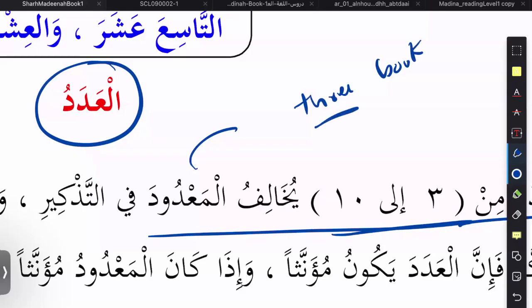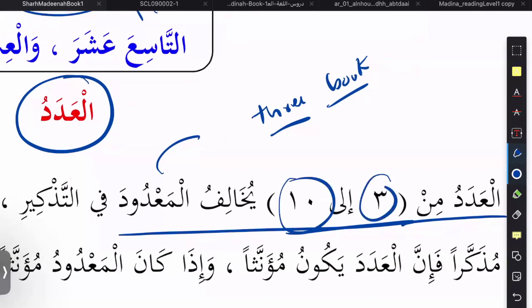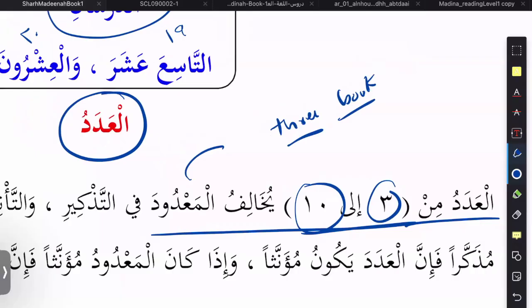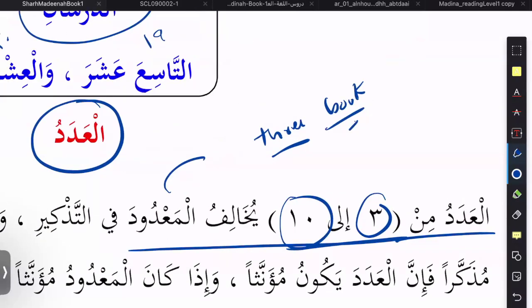So 3 is the adad, and the ma'dud is the book, the one that you're numbering. This is also called tamyiz in Arabic, which we learned in the last lesson. So what he's saying is that from number 3 to 10, their gender differs. The gender of the ma'dud, whatever you're describing, will be the opposite of the gender of the number. Subhanallah, even the number has gender.